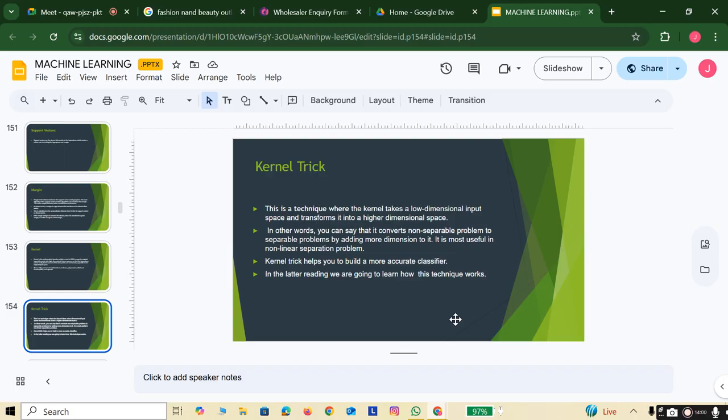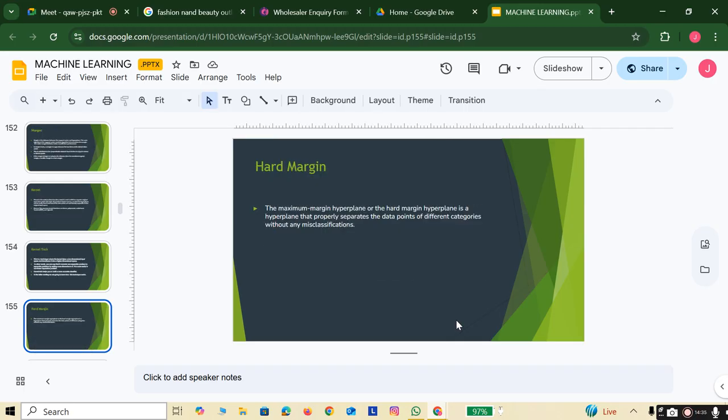Now the fitting of the data points can be done in a high precision. When it is done in high precision, then that is what we call high dimensional space. So the kernel trick is the function or function optimizer that can be used to ensure that the classes contain what they should contain. In other words, you can say that it converts non-separable problems to separable problems. Kernel trick helps you to build a more accurate classifier. And in the later reading, you're going to learn how this technique works.